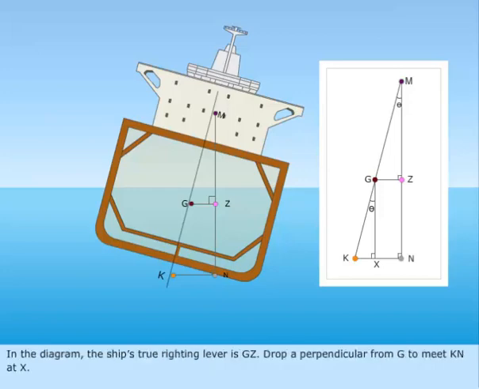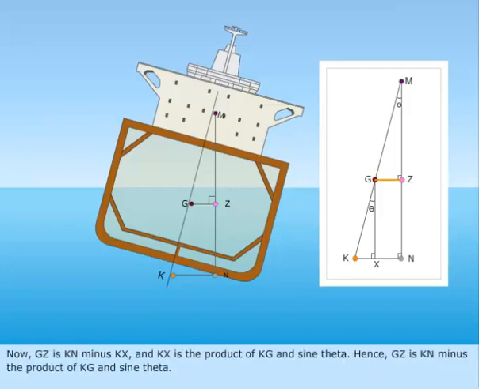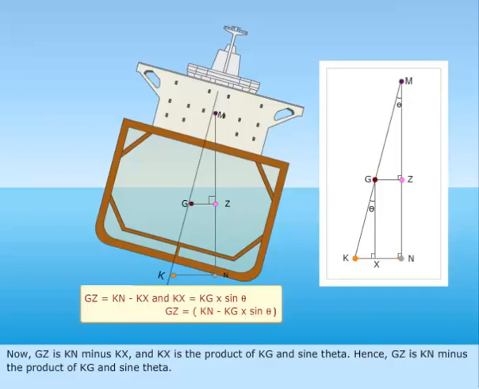In the diagram, the ship's true righting lever is GZ. Drop a perpendicular from G to meet KN at X. Now, GZ is KN minus KX, and KX is the product of KG and sine theta. Hence, GZ is KN minus the product of KG and sine theta.